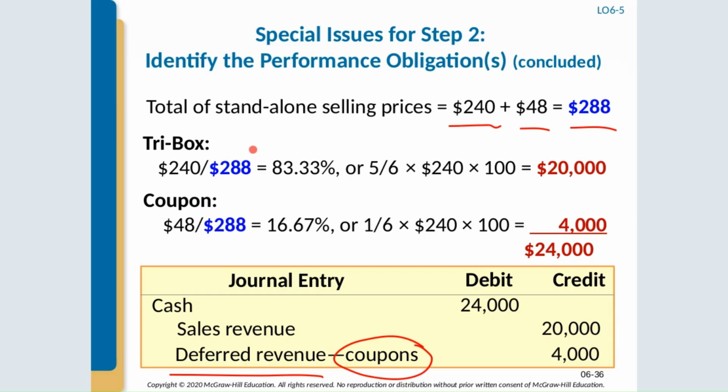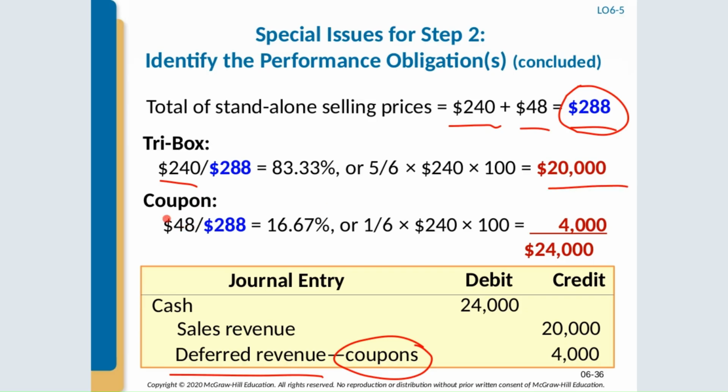We're actually doing an allocation, because a portion is going to be recognized now and a portion is going to be deferred. So we're taking the 240 and dividing by 288. We take that percentage and multiply it by the 240, and we come up with $20,000.